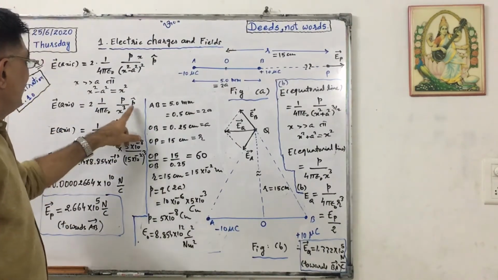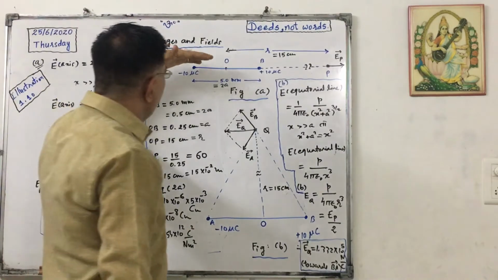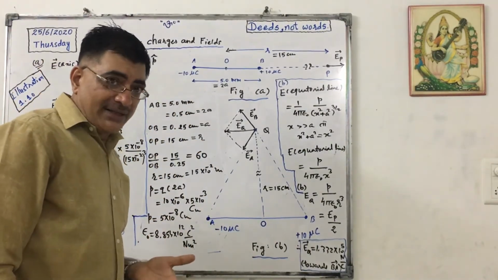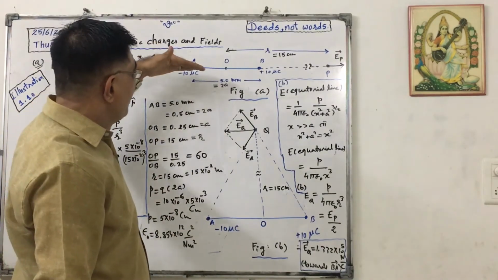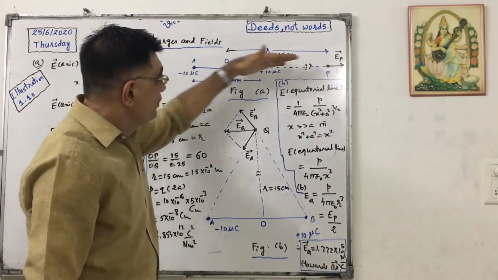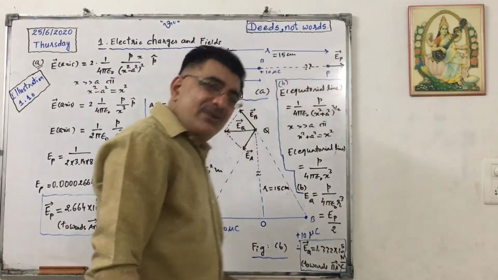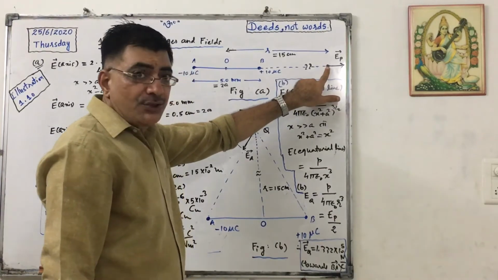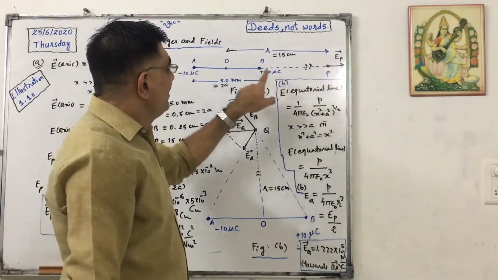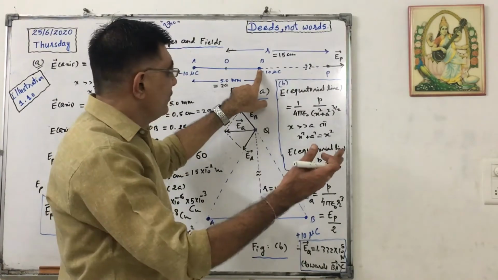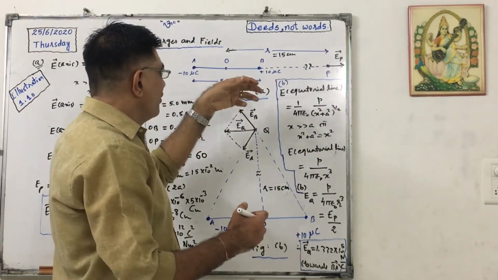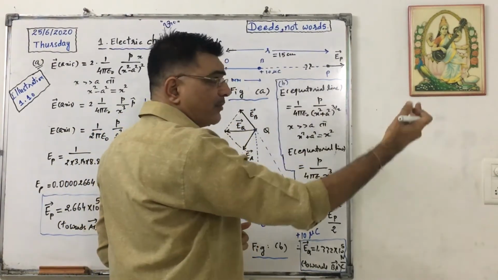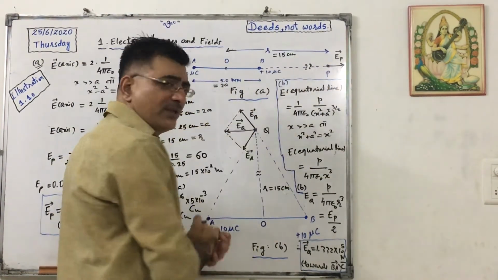See here, p cap is the direction of a unit vector towards the direction of the electric dipole moment, and we know that it is towards minus Q to plus Q, or say from A to B. It is obvious because if I put a unit positive charge here to find the electric field, the positive charge will offer a repulsive force and the negative charge will offer an attractive force, but the force of plus 10 microcoulomb will be more because it is situated nearer to it.